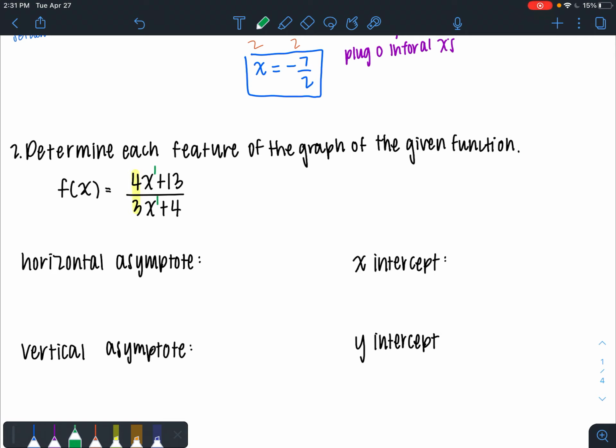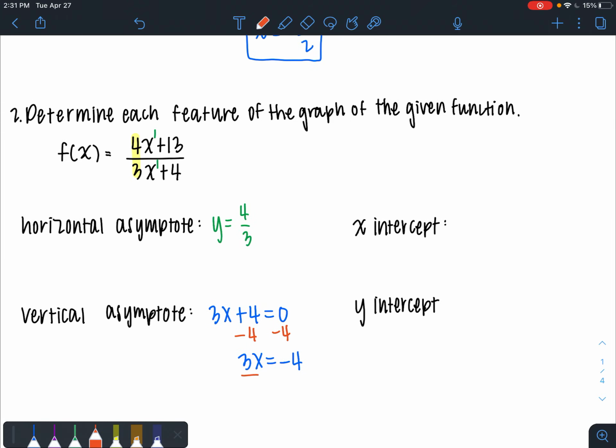So it's just going to be the ratio, y equals 4 over 3. For the vertical asymptote, I'm going to set the denominator equal to 0. So 3x plus 4 equals 0, and solve. Subtract 4: 3x equals -4. Divide by 3, and x equals -4/3.